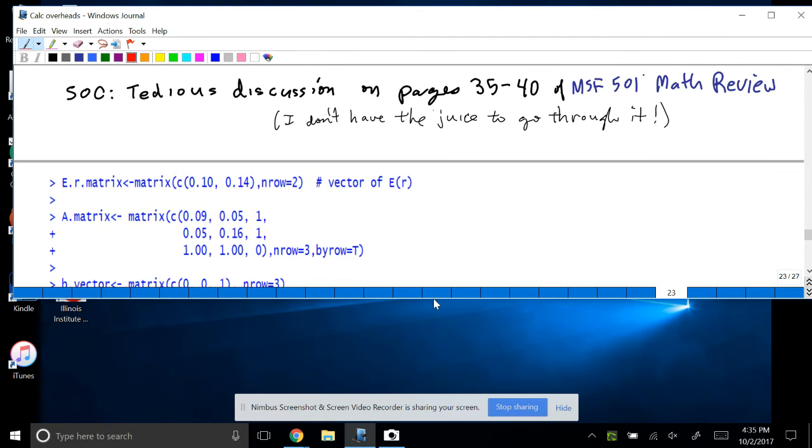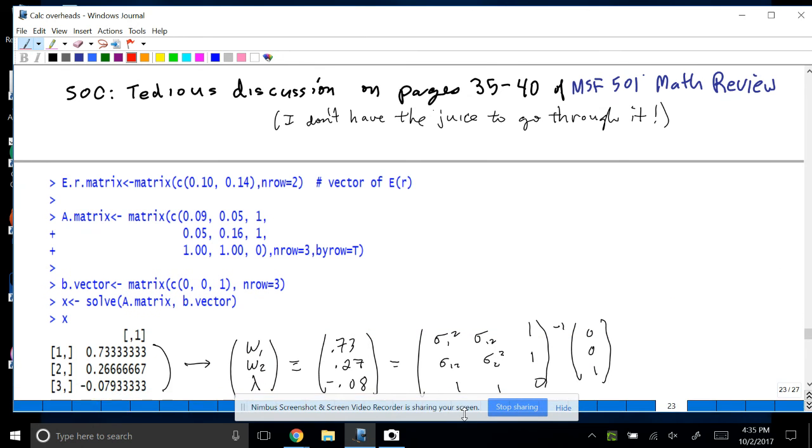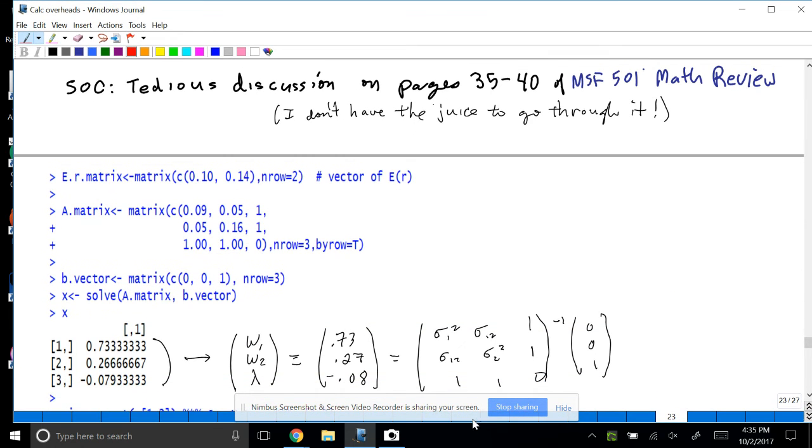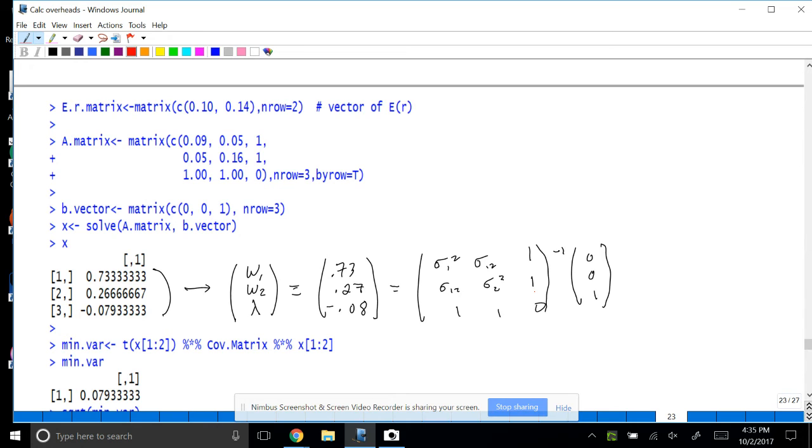All right, so what I've done is, it's nice to use Excel or R. I've created a vector of returns. I've created this covariance matrix, and ones on this side and one on the other side.